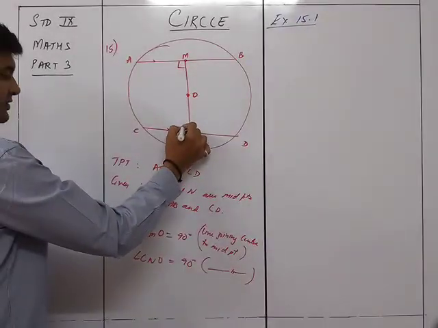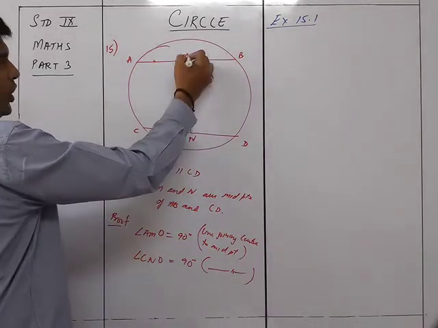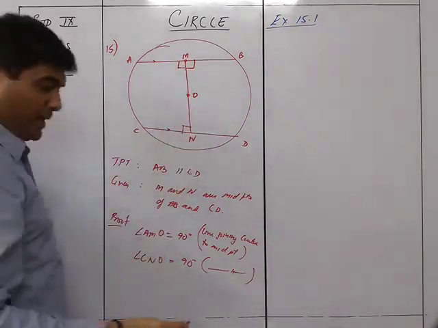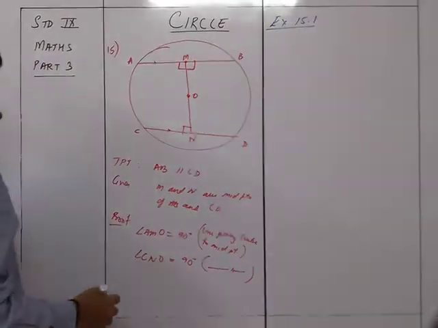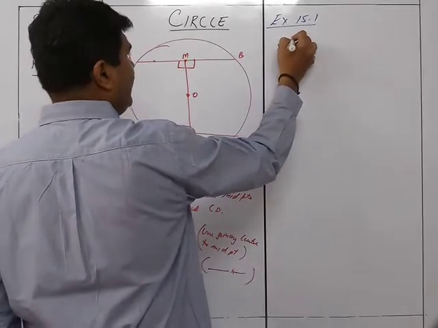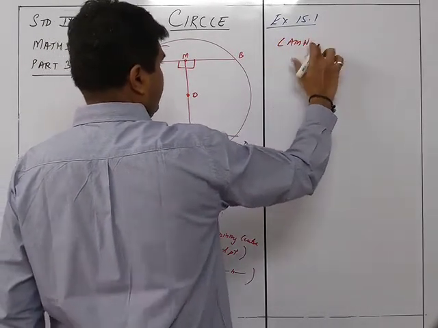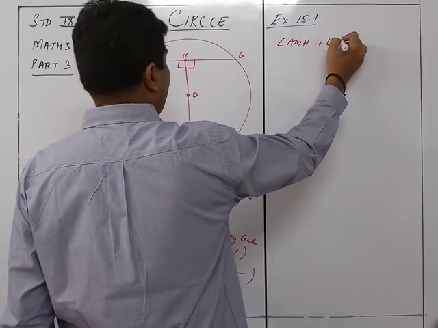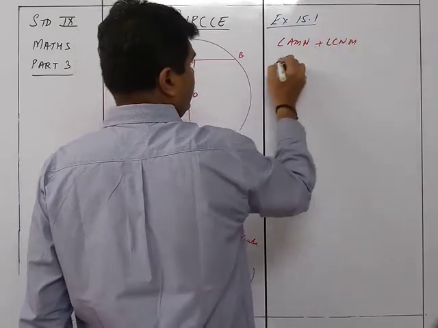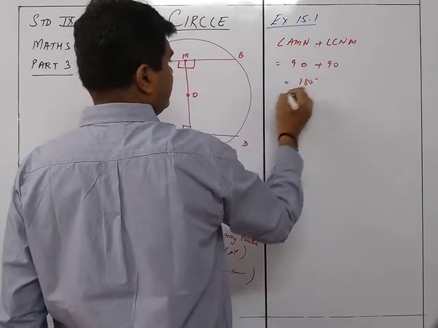So again this is 90 degrees. Now I can take these two, or I can take those two, the choice is mine. Suppose I take it this way. Now we know that angle AMN plus angle CNM is equal to 90 plus 90, which is equal to 180 degrees.